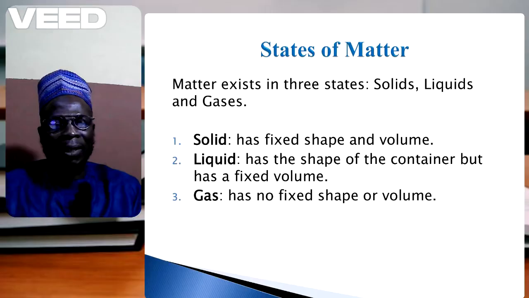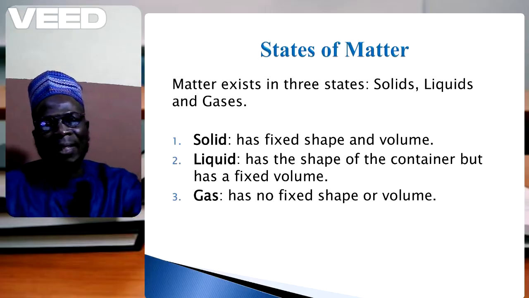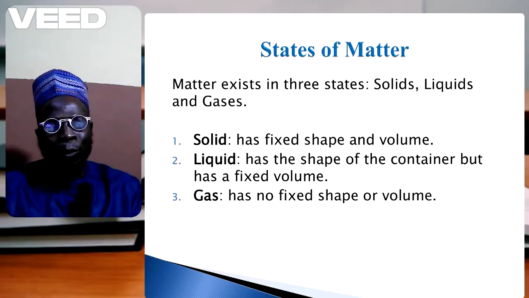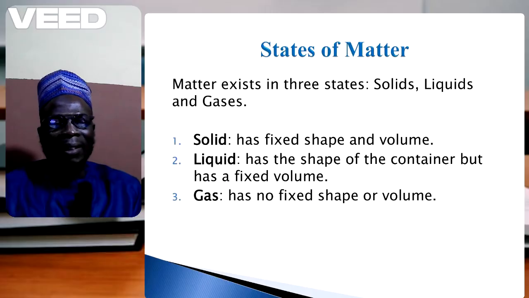And when we say solid, solid ni nǹkan tí a lè gbá mọ́ tí ó dúró ṣinṣin lọ́wọ́ wa, ṣùgbọ́n tá a bá ṣe fi sílẹ̀ náà ó gba ààyè. That's why we say solid has a fixed shape and volume.